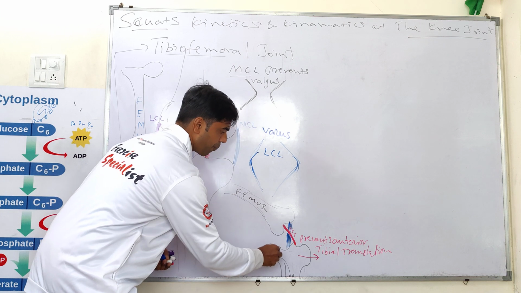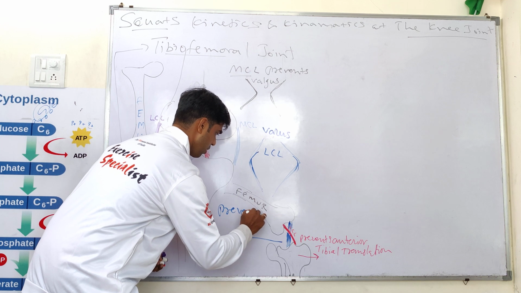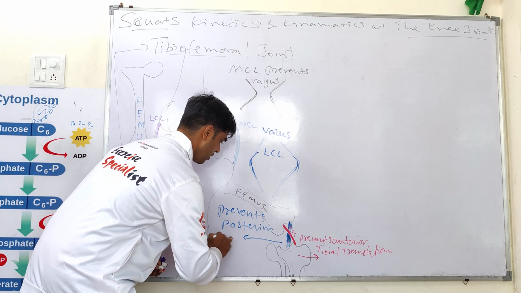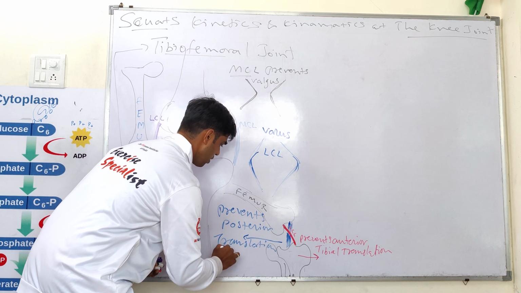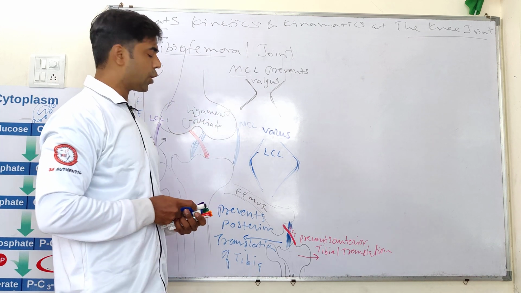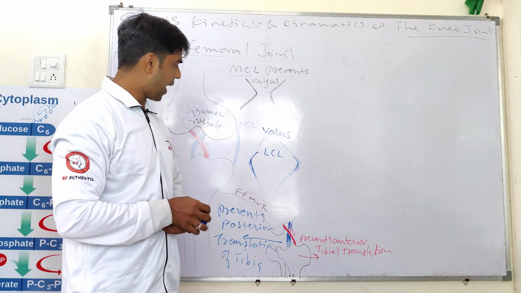This PCL prevents posterior translation of the tibia. So the PCL is not allowing the tibia to go backward, right?